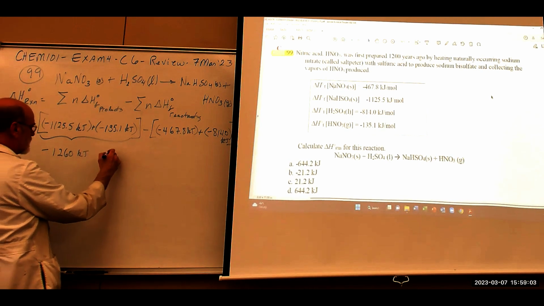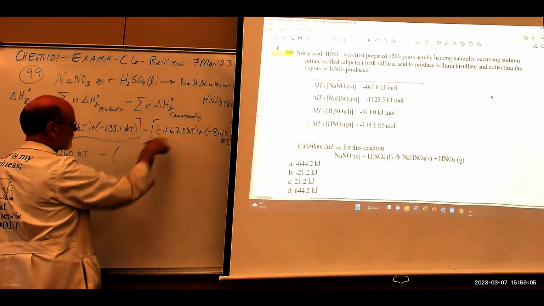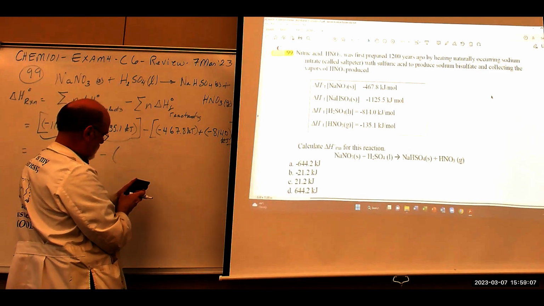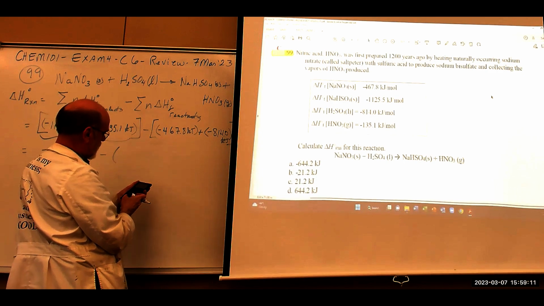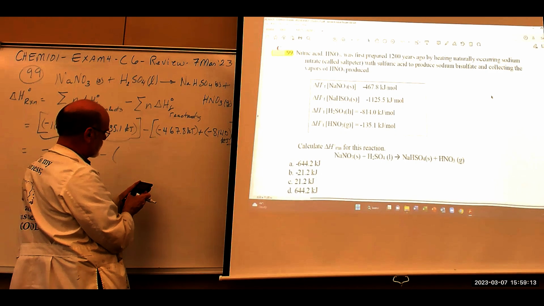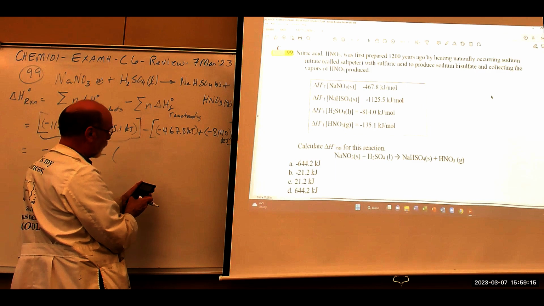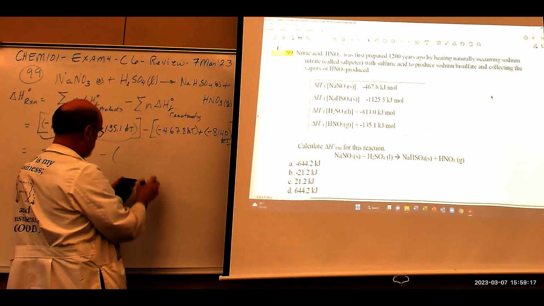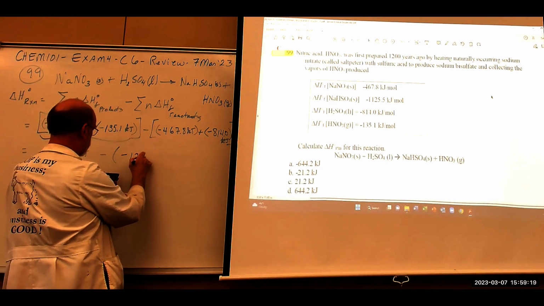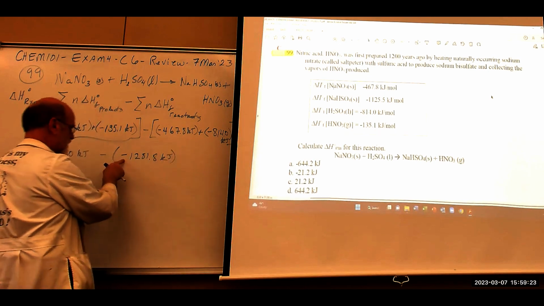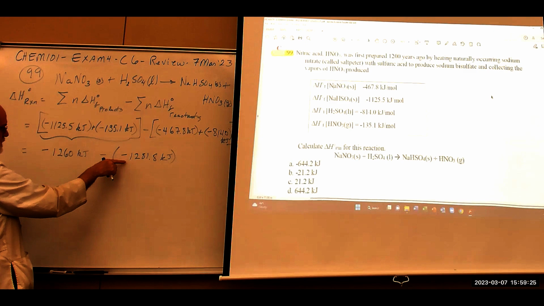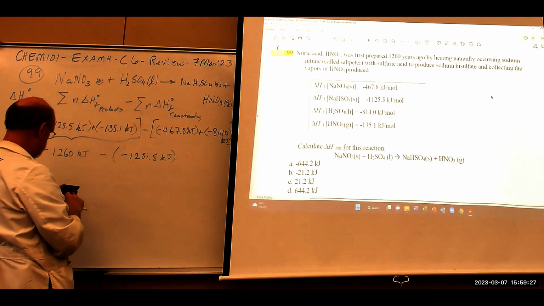And this is going to be minus whatever this is. 467.8 and let's change sign. And then 814 minus. So this is minus 1281.8 kilojoules. That's a minus of a minus, so this is a positive. I just changed the sign.